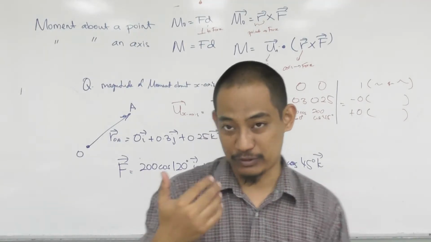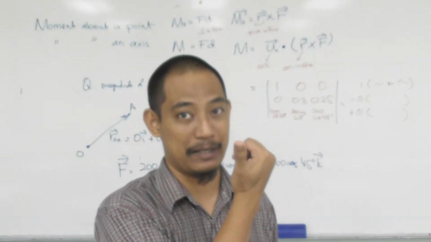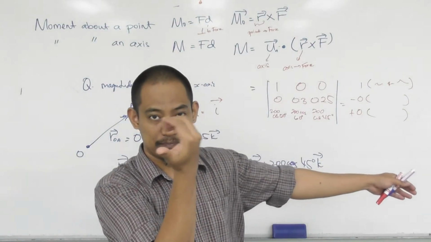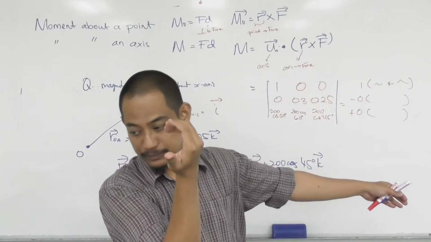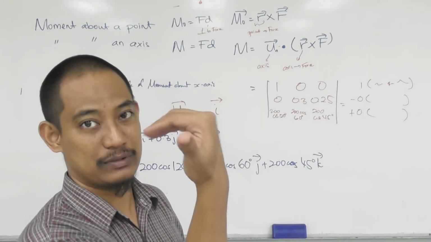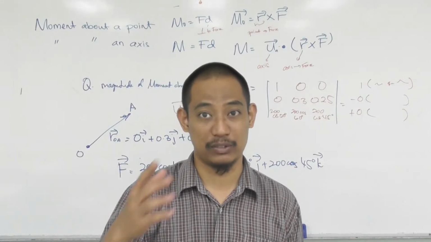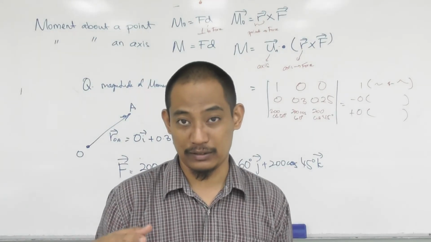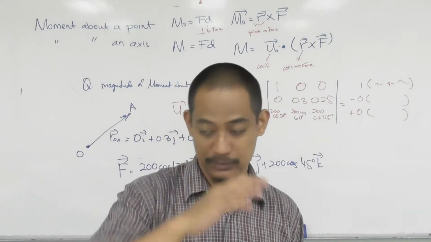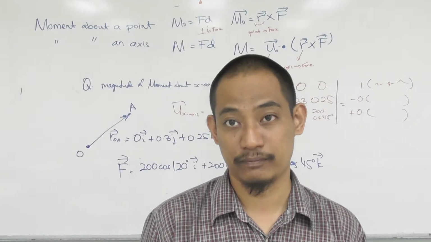So if you take u as I, meaning your thumb is I, you'll get counterclockwise. So that's why here, when I use I, I get positive, that is counterclockwise. That's why you see in the answer there is CCW, counterclockwise. If you get a negative value, it's actually negative I, meaning clockwise, right? Understood?